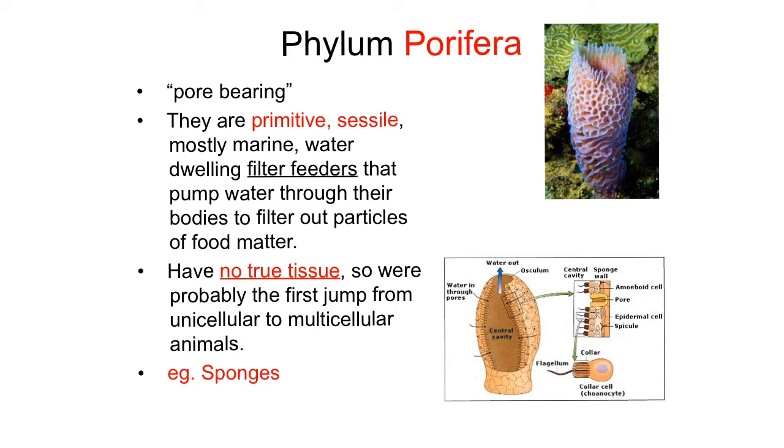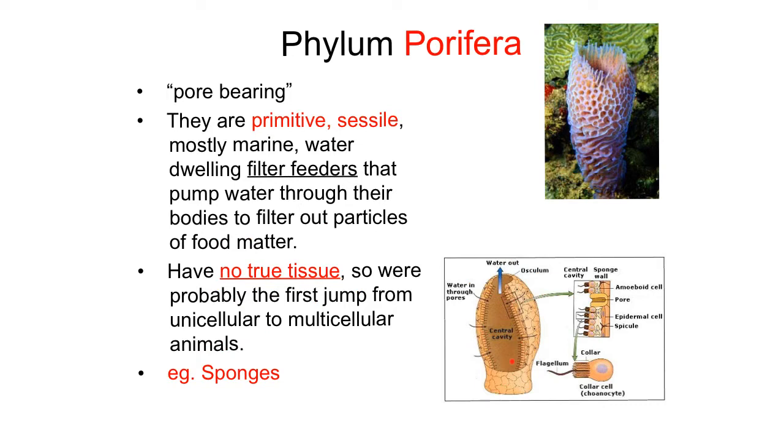Now, we say that Porifera are primitive because, well, for one thing, they don't have those true tissues, but they also, as a result of that, don't have any sort of systems. And what you see here is this central cavity, if we take a look at a sponge, and water is drawn out and pushed out.